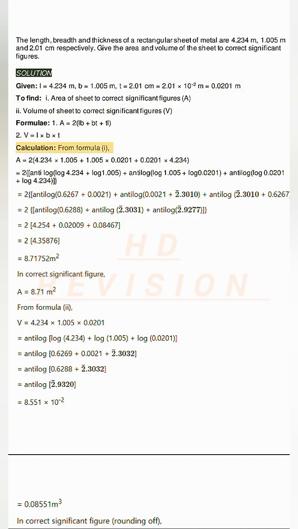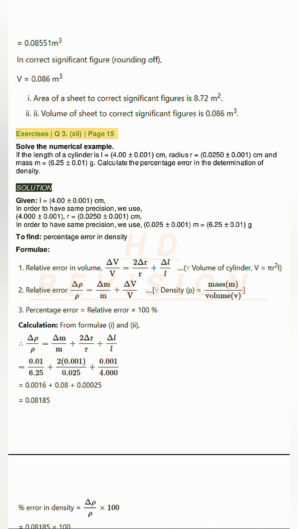From formula 1, A equals 4.234 times 1.005 plus 1.005 times 0.0201 plus 0.0201 times 4.234, equals antilog of (log 4.234 plus log 1.005) plus antilog of (log 1.005 plus log 0.0201) plus antilog of (log 0.0201 plus log 4.234).